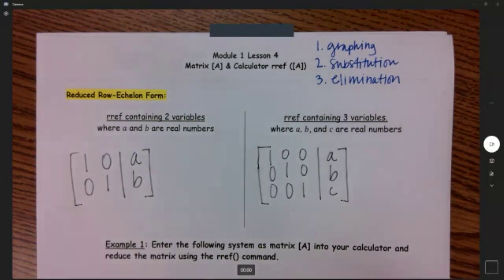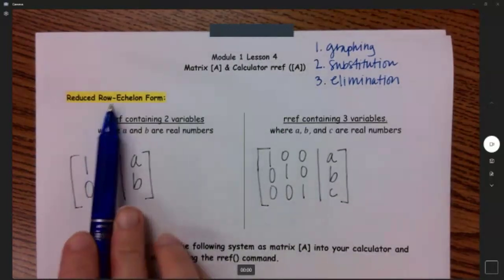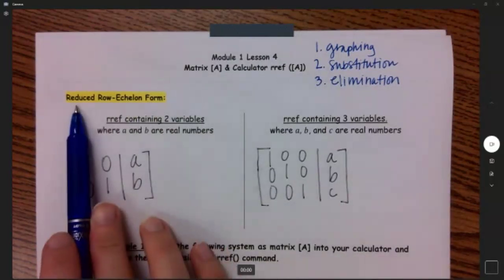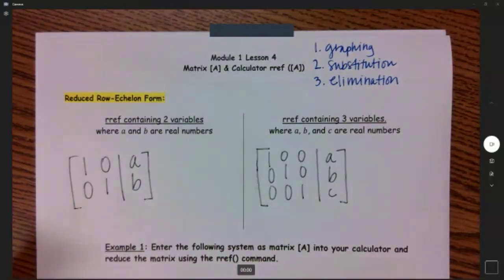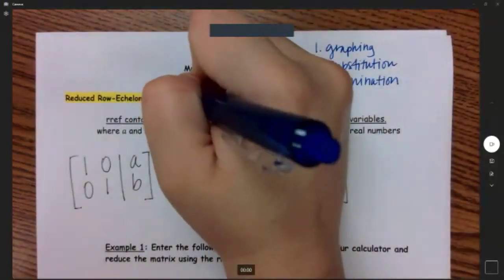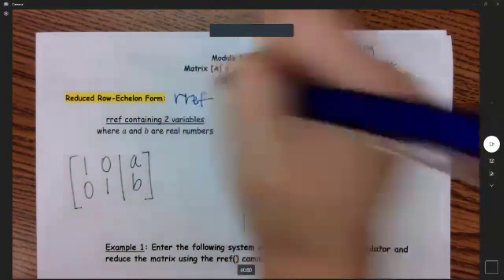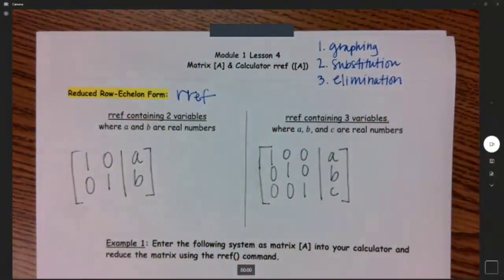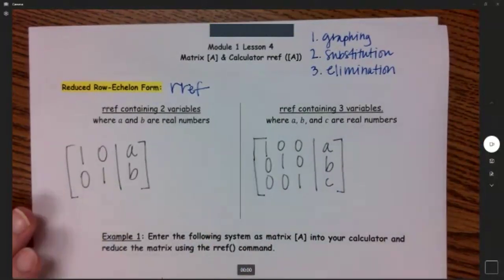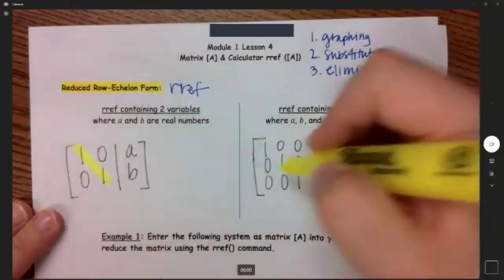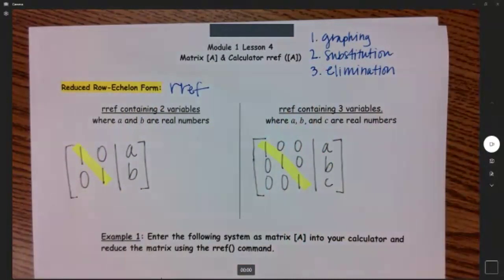Okay, so in lesson 3, we went over row echelon form. Now we're going to go over reduced row echelon form, which is a much better form. And you'll see it abbreviated in your calculator as rref. So when we have 2 variables, we're looking for this. And when we have 3 variables, we're looking for this. So what is this? We are looking for still that diagonal of ones.